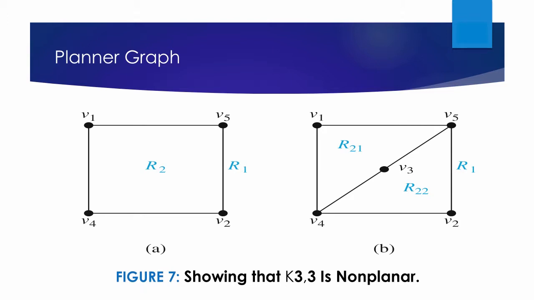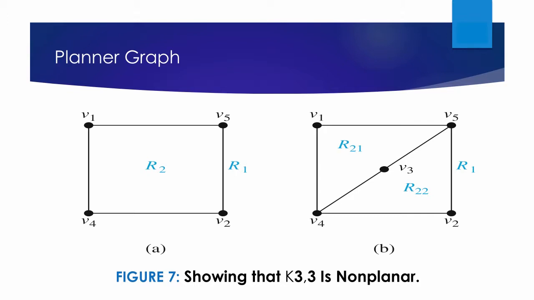We now show why. In any planar representation of K3,3, the vertices V1 and V2 must be connected to both V4 and V5. These four edges form a closed curve that splits the plane into two regions, R1 and R2, as shown in figure 7a.